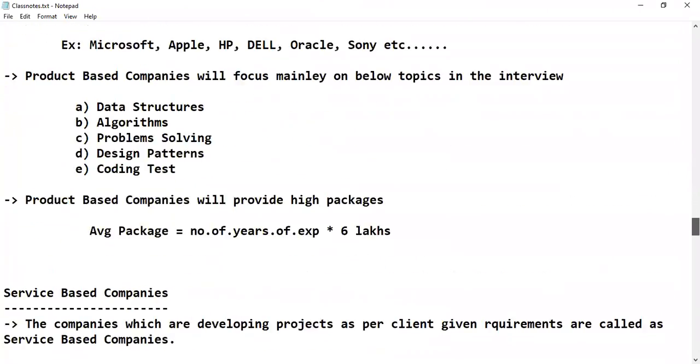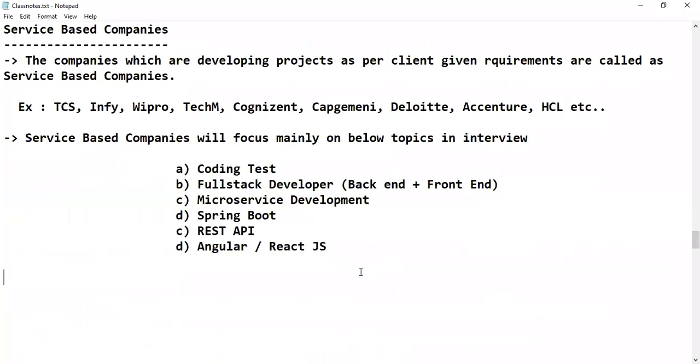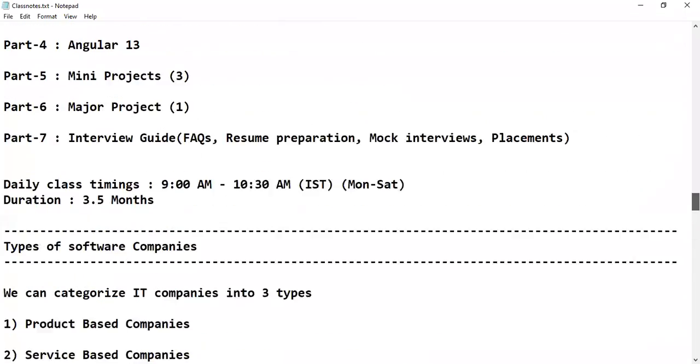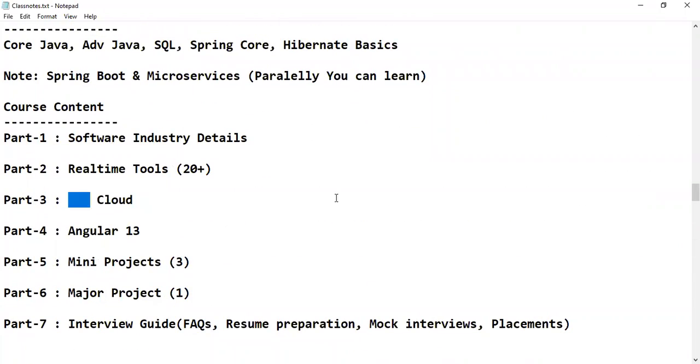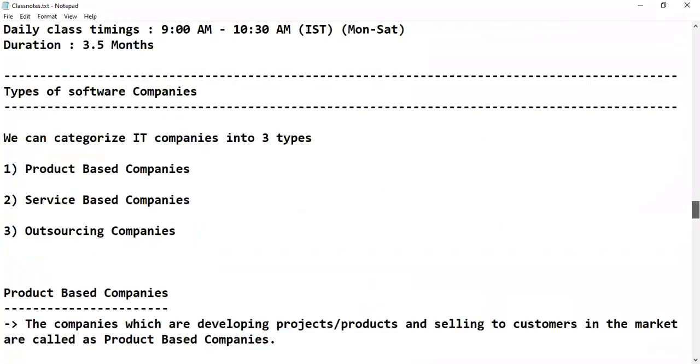And they will expect you to know some cloud computing. They will ask you to know cloud platforms. To run our applications, we are using cloud platforms in real time. They will ask you, do you know any cloud platform? Here, I'm going to cover the AWS cloud platform for you. You need not worry about that.